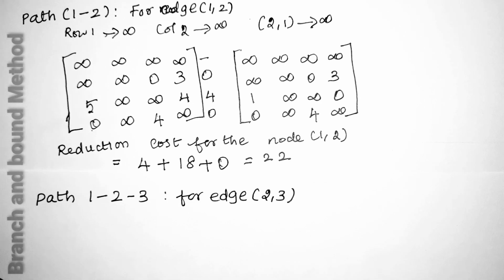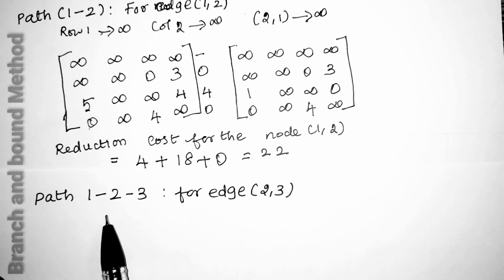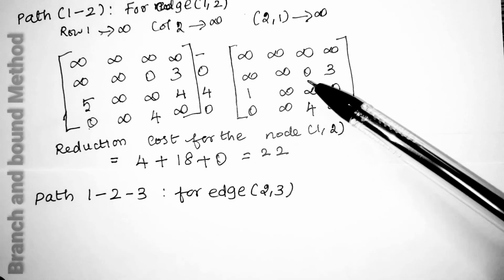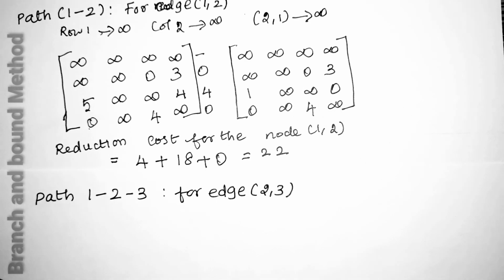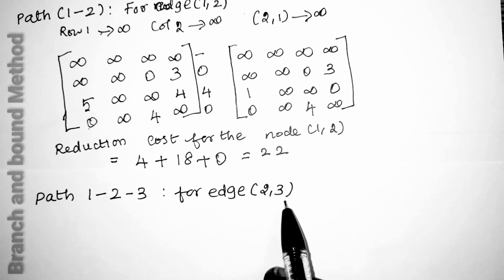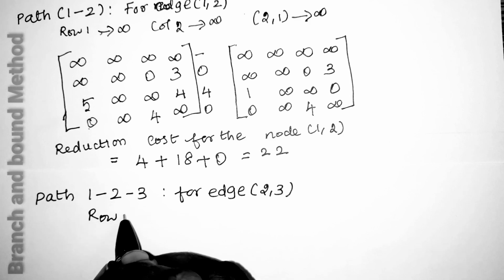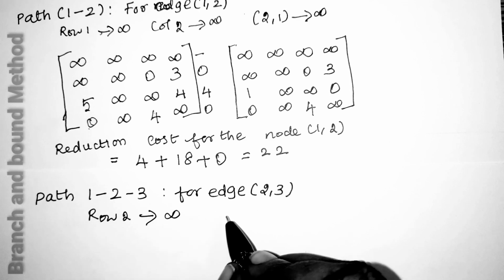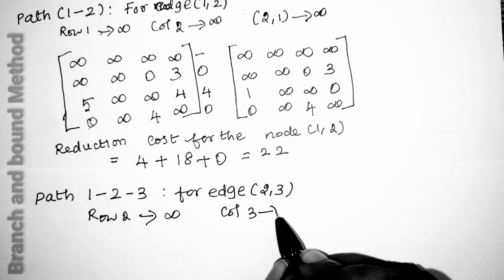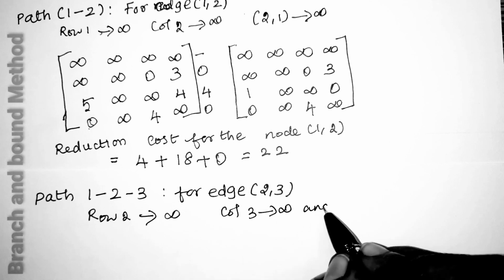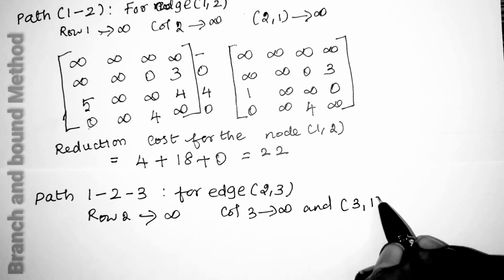We have to find the reduced cost for the path 1, 2, 3 from the path 1, 2. Let me write. For this path, the edge is 2, 3. So, row 2 infinity, column 3 infinity, and node 3, 1 is infinity.